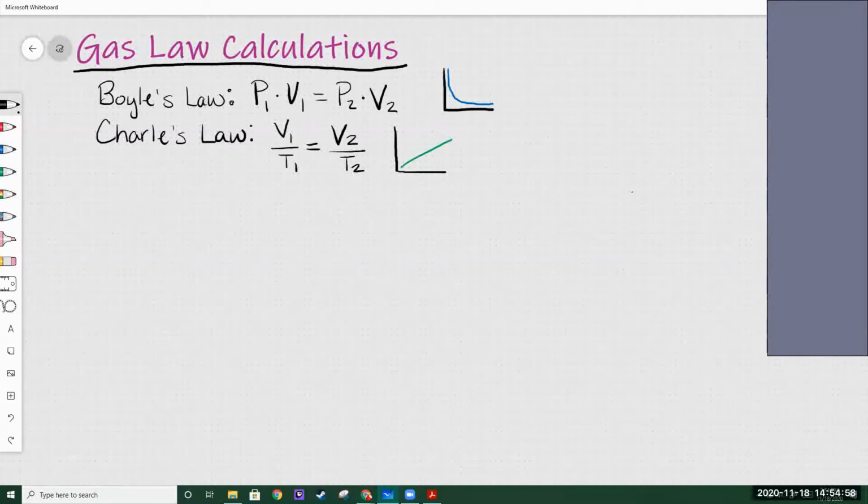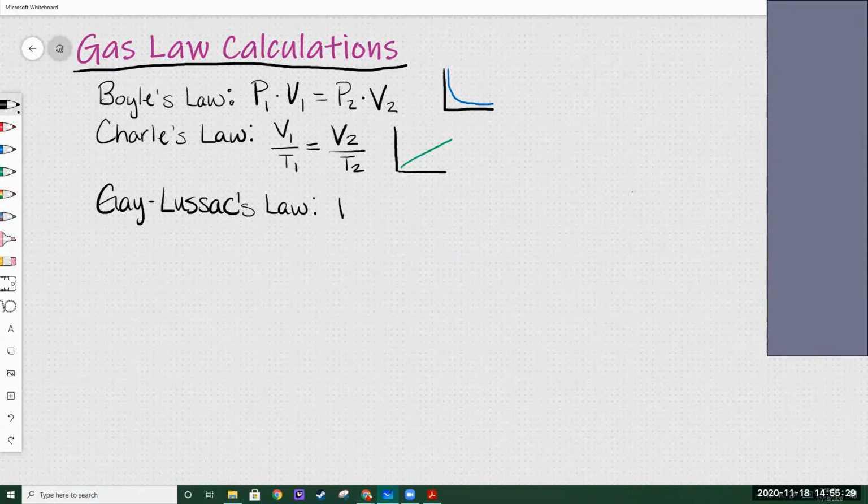The next one I have to double check because I always forget. So the next one is Gay-Lussac. And this is pressure 1 over temperature 1 is equal to pressure 2 over temperature 2.